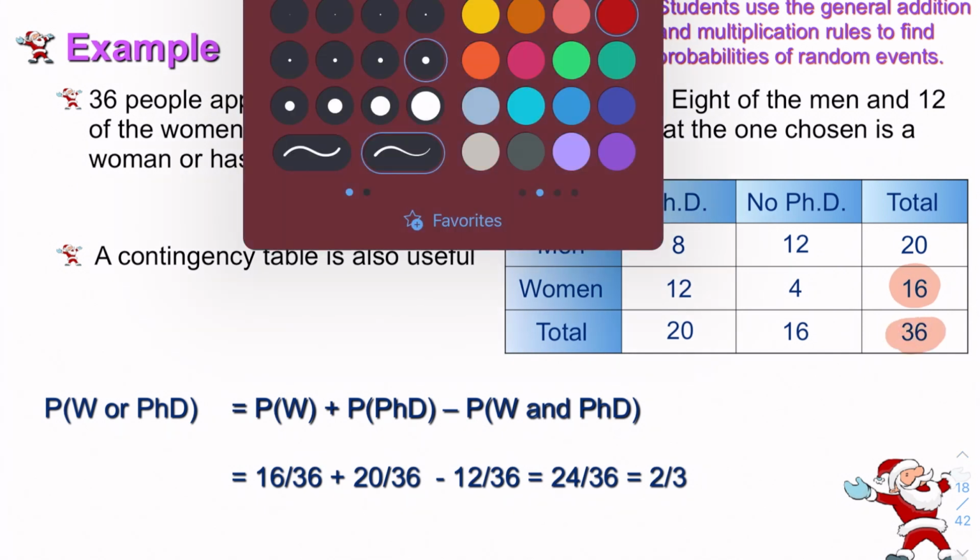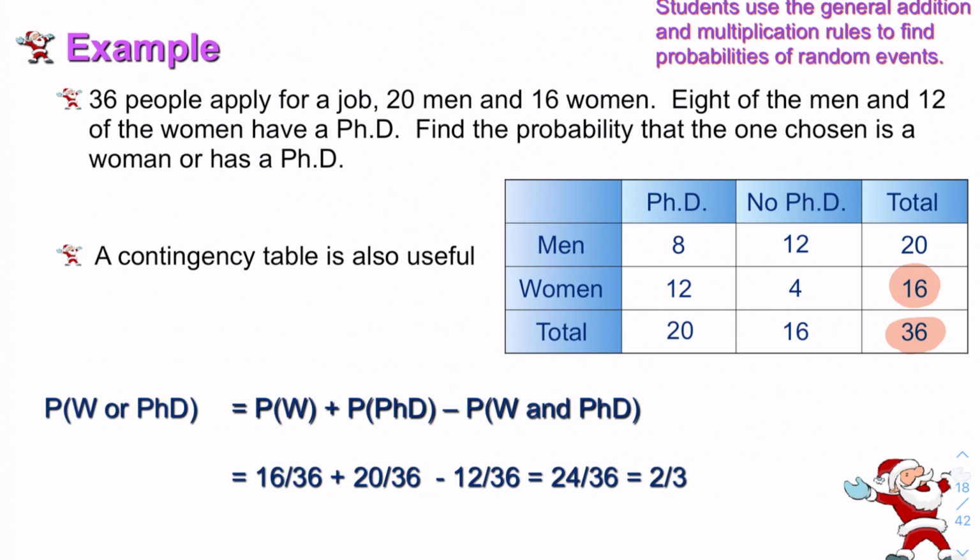We want to know what's the probability of having a PhD: 20 out of 36. Minus the overlap of women with PhDs, 12, let's do that in a different color. That is 12 out of 36. And with this OR statement, we take the two groups minus their overlap, because they're not mutually exclusive, and we end up with 2/3.